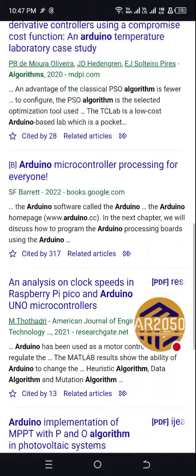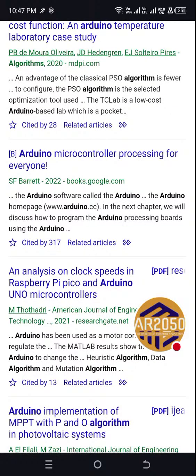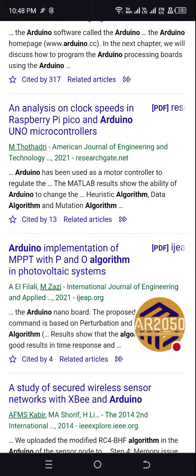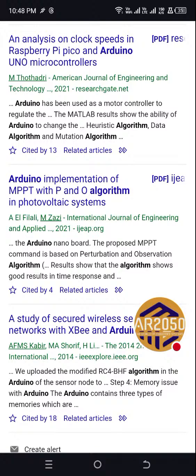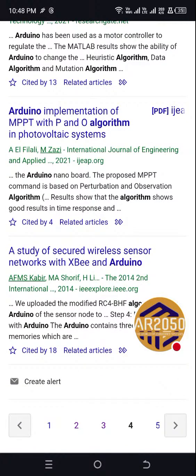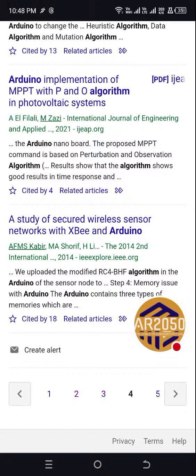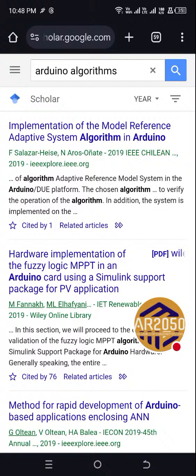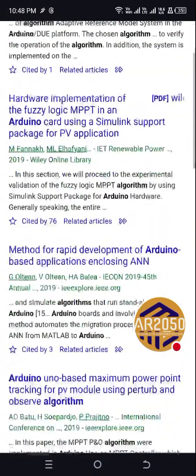Arduino microcontroller processing for everyone, an analysis on clock speeds. An implementation of MPPT with the perturb and observe algorithm. A study of secured wireless sensor networks with Zigbee and Arduino. Implementation of the model reference adaptive systems. Hardware implementation of fuzzy logic MPPT in an Arduino card using a Simulink port.